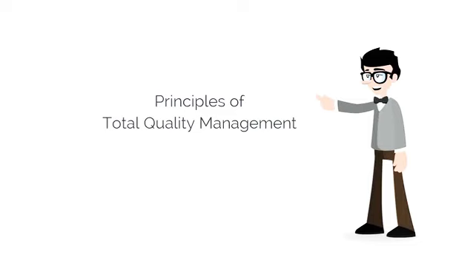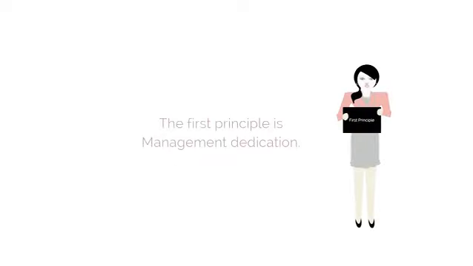Next, let's discuss the principles of total quality management. Total quality management concentrates on teamwork, increasing customer satisfaction, and reducing costs. Its activities are based on 6 foundational principles. The first principle is management dedication. This principle is centered on activities such as the plan, do, check, and act cycle, the PDCA cycle.